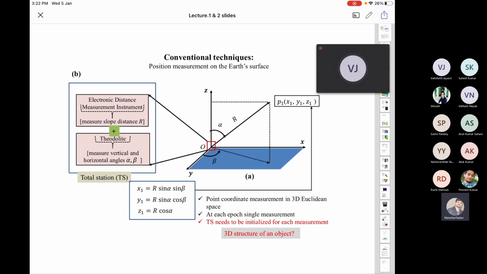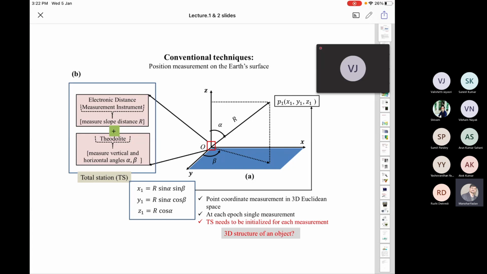In the same way, if you want to do it using a total station, let's say for a tree representation, as I have been discussing, you need to select target points. To represent the geometry of a tree, the required target points are nearly, let's say, 10,000.